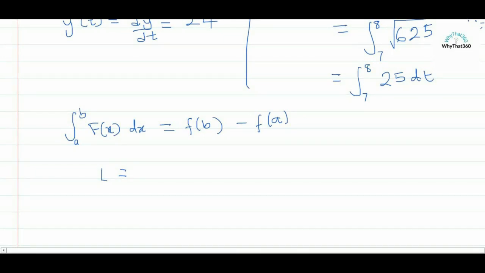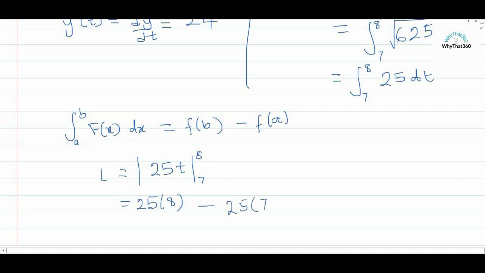Integrating will give us something like 25t over the limit 7 and 8. So we will go ahead and plug in the values of 8 and 7. So f of b here will be 25 times 8, and that of f of a will be 25 times 7.